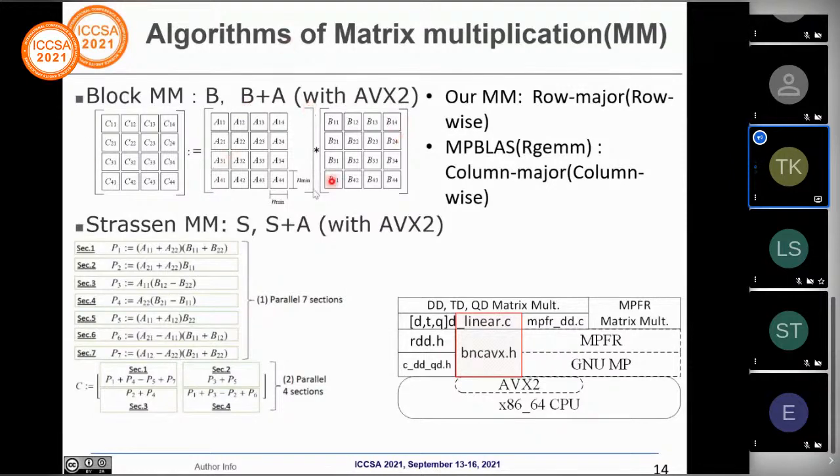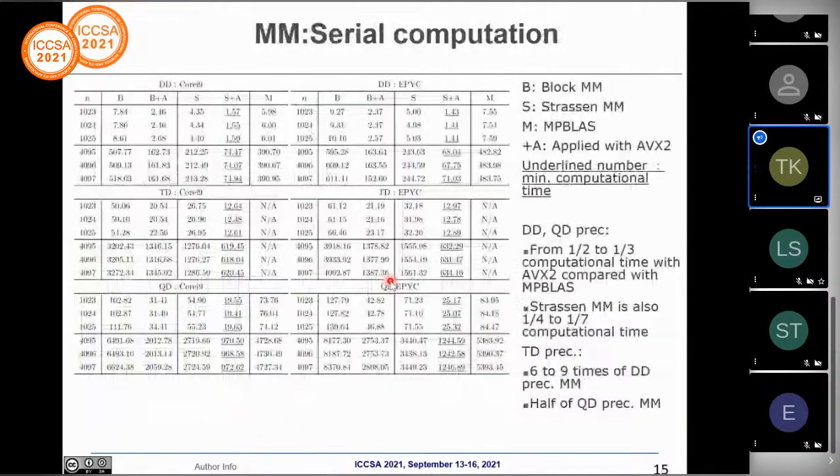One is block matrix multiplication, and another is Strassen matrix multiplication. This is a result obtained by a benchmark test on serial computation. These tables show all the computational times on Core i9 environment and on EPYC environment.